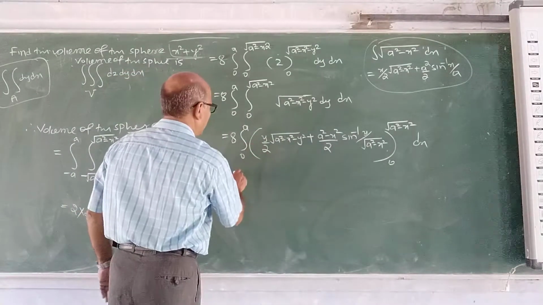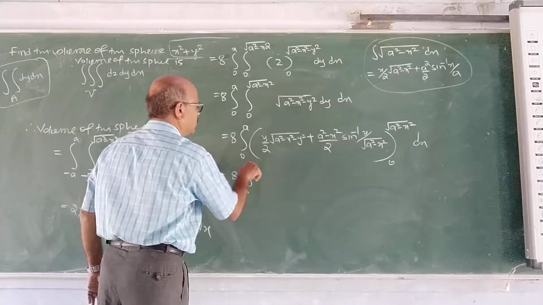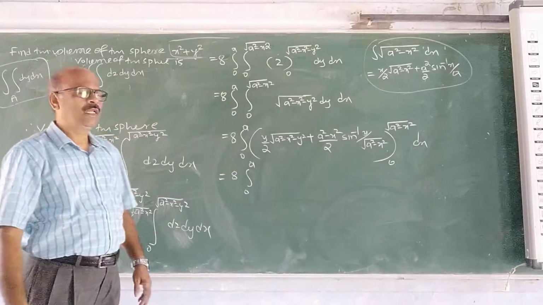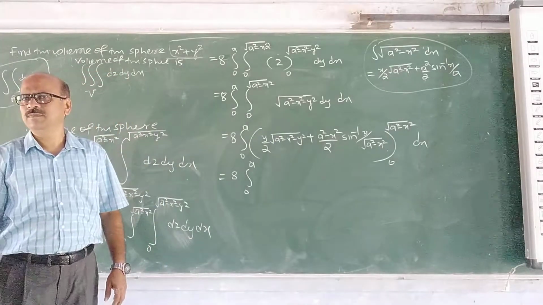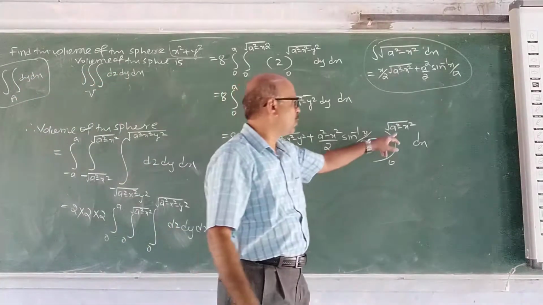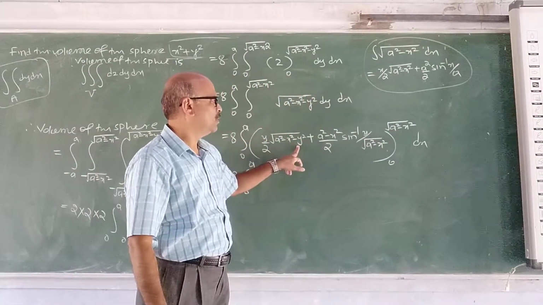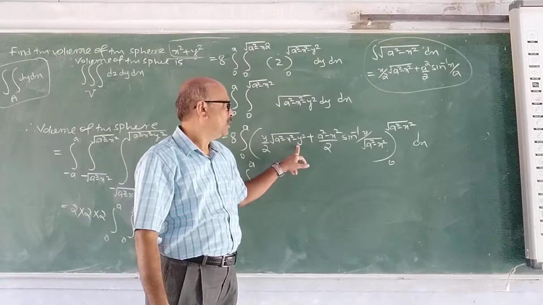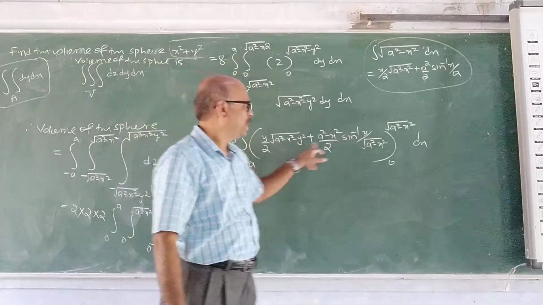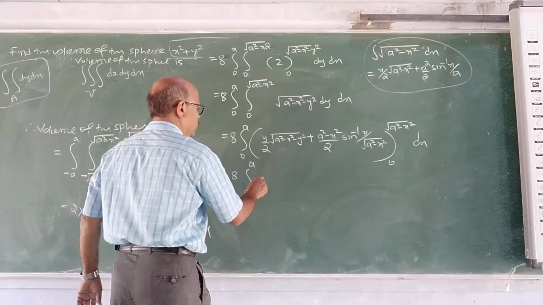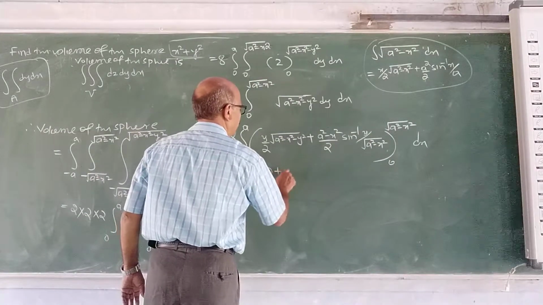So 8, 0 to a. Now how to substitute the limits? These limits are for y. First take y equal to root a square minus x square, or y square is a square minus x square. So this becomes 0.